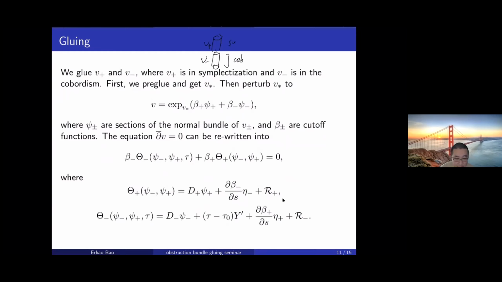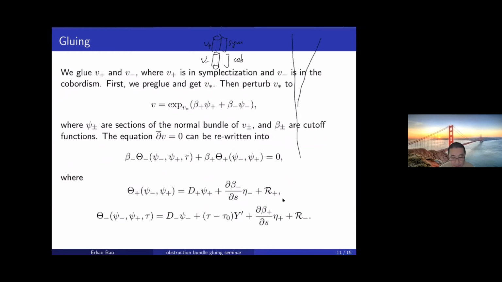And so now we glue. To glue them, we first do a pre-gluing. We get V star. The pre-gluing is also a little bit of a choice; it's explained in earlier lectures, but I just want to say it again.